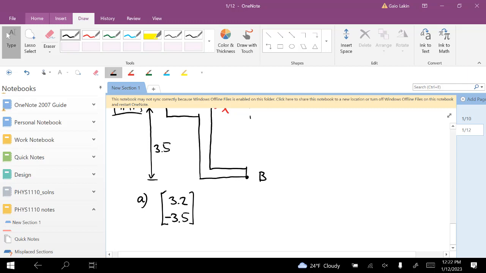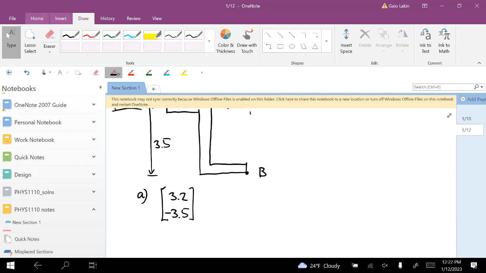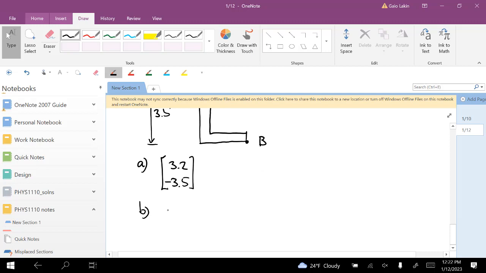And so that's that. Exactly right. Yep. So for B, then it would just be negative 3.2, positive 3.5.